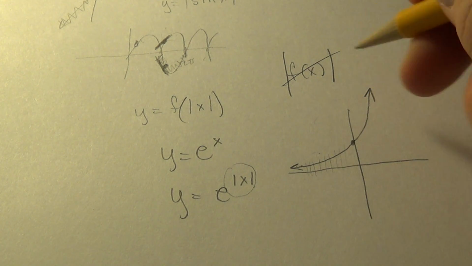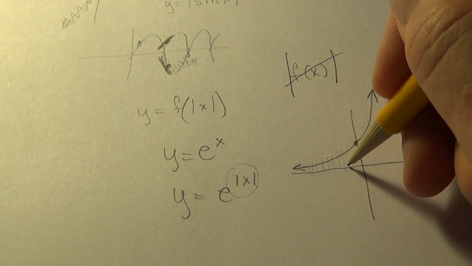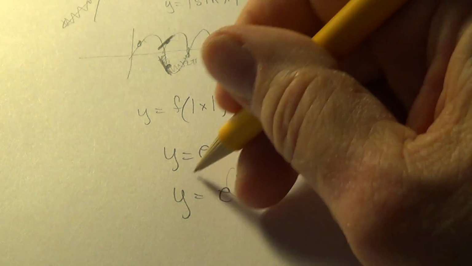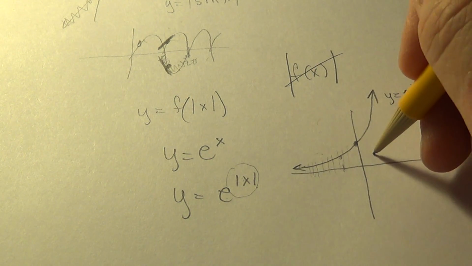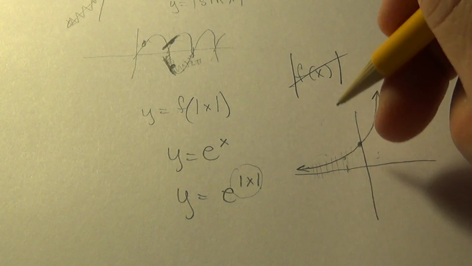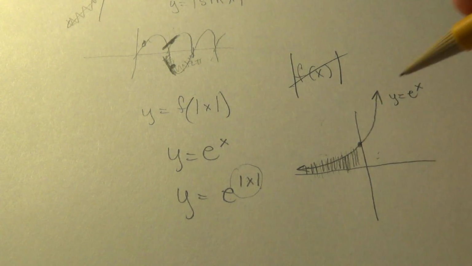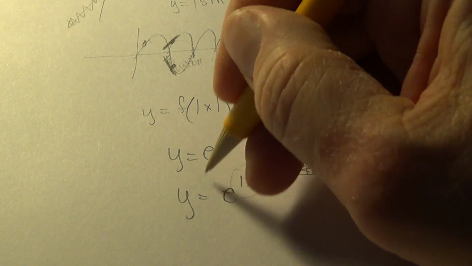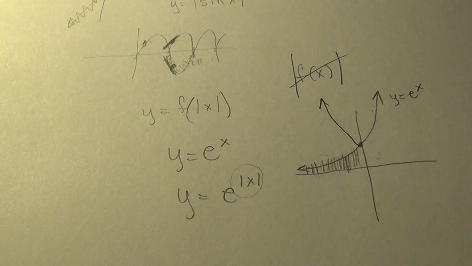This is y equals e to the x, and it will never come out to play. Say x is minus 1. If I put a minus 1 in this function, I get e to the absolute value of minus 1, which puts me over here again. So therefore, this tail can be dropped. Anything to the left can be dropped. And then this function becomes a mirror of this. So this reflects across the y-axis, and that's what's going on here.